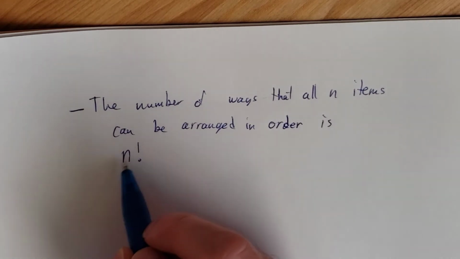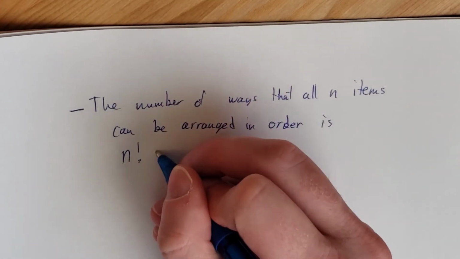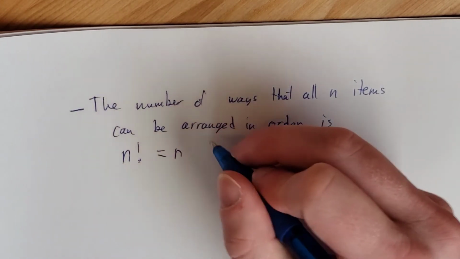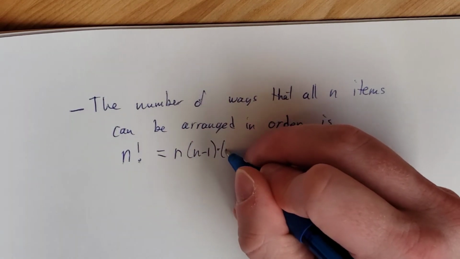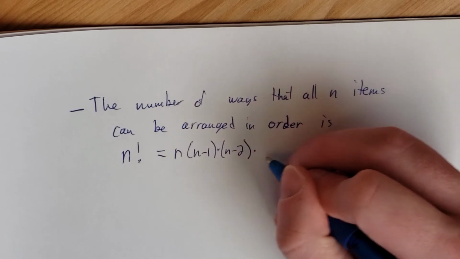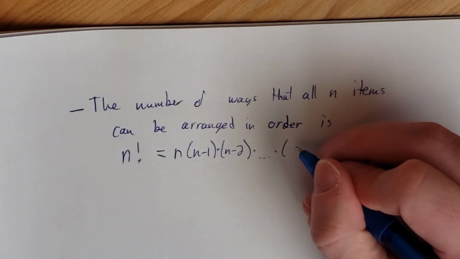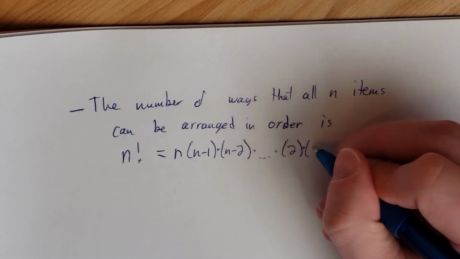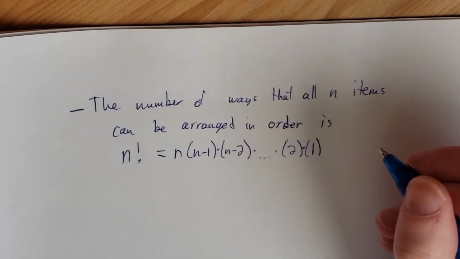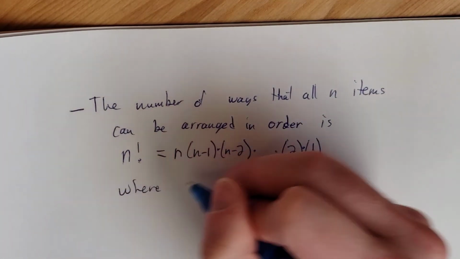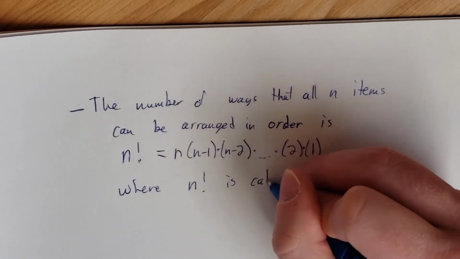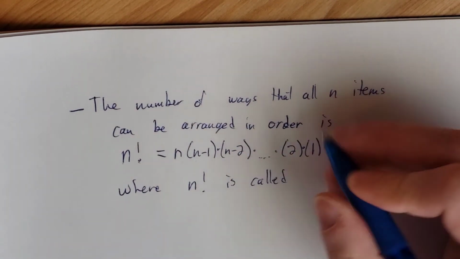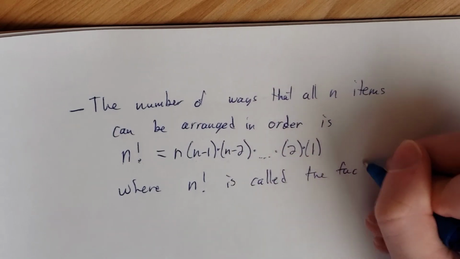This exclamation point means n factorial. That is n times n minus 1 times n minus 2, all the way down until we multiply by 1. This symbol is called the factorial.